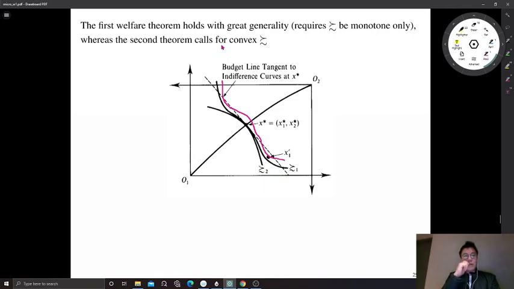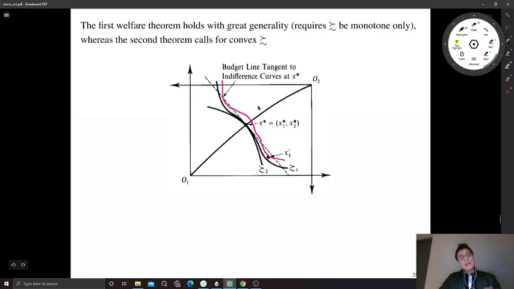So we are going to generalize the insights we covered today next week to a more general framework. All right, so this is it, and I think I'm done with the pure exchange model.